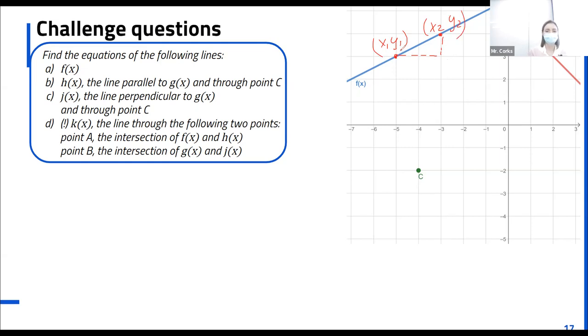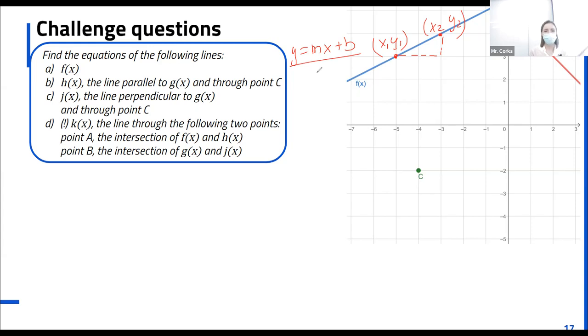Then you can use one of these points to insert into the slope-intercept form to get b, and then you will get the formula for the f(x) line.